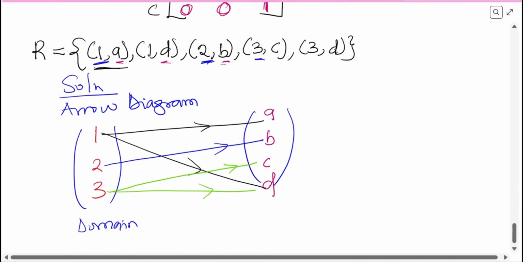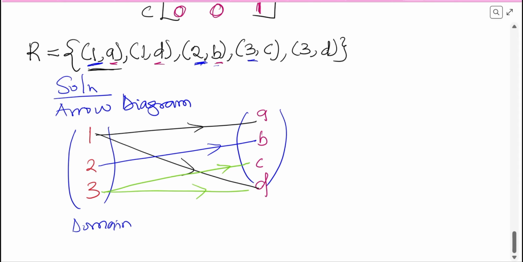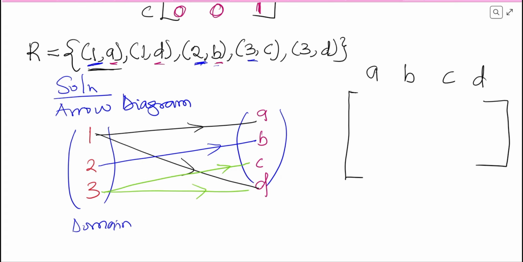Let's go ahead and do the matrix representation. My range is A, B, C, D. And my domain is 1, 2, 3. Do I have 1 relating to A? Yes, so I put 1.